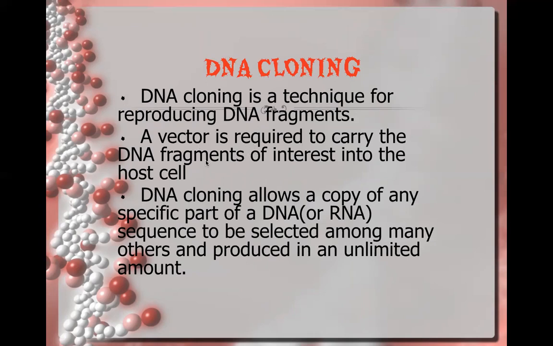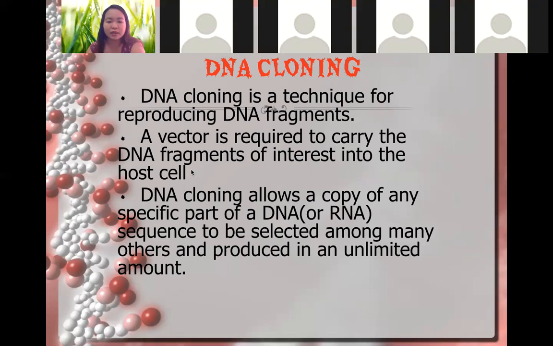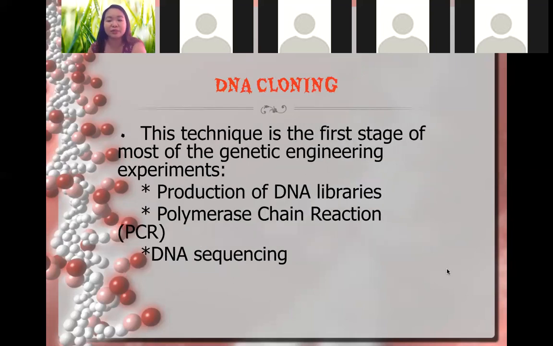A vector is required to carry the DNA fragments into the host cell. Then this allows a copy of any specific part of DNA or RNA sequence to be selected among many others, which will produce unlimited amount.